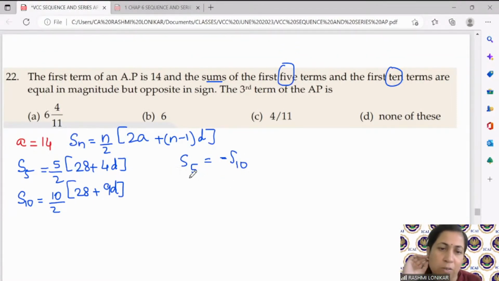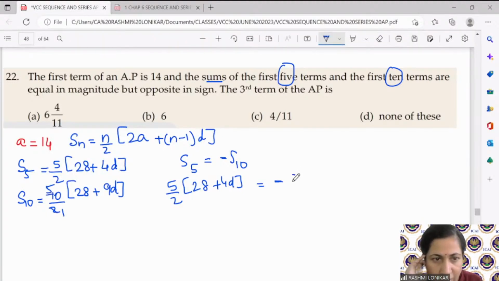Both are perfectly alright, so I will equate. So 5 by 2 into 28 plus 4D is equal to minus 10 by 2, which is minus 5, into 28 plus 9D.